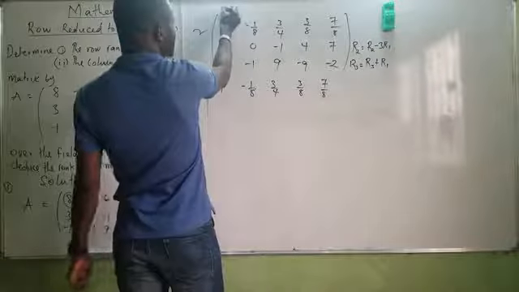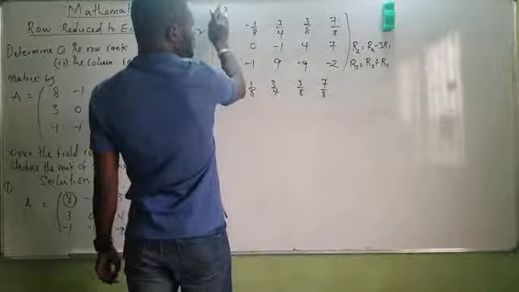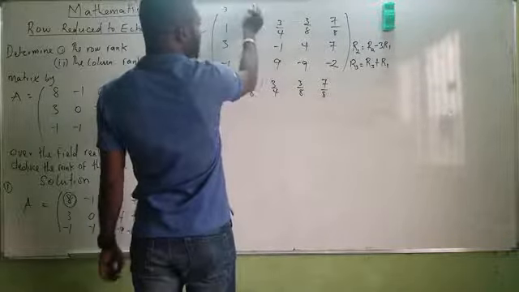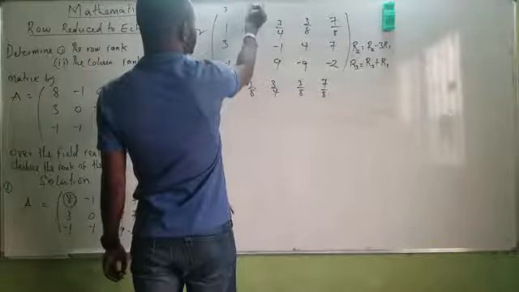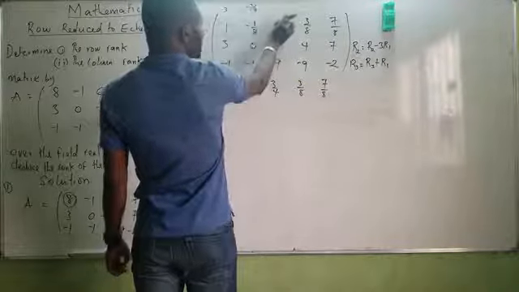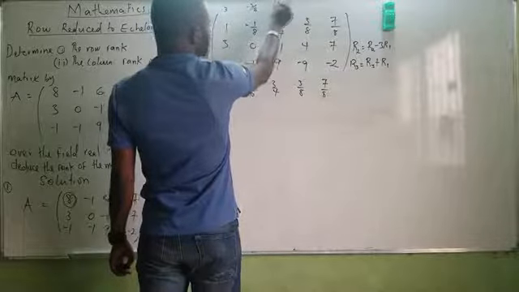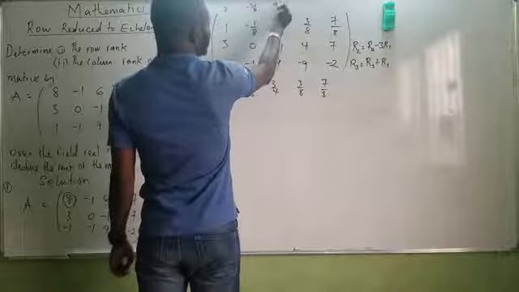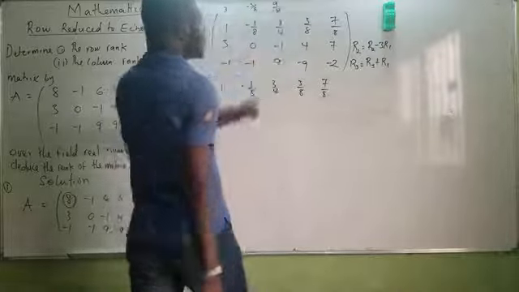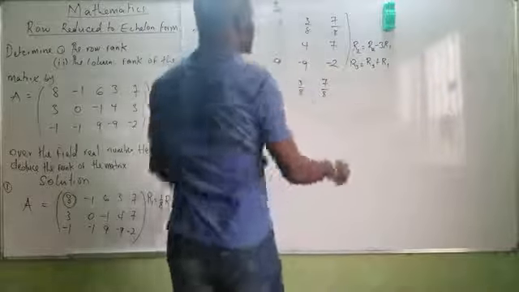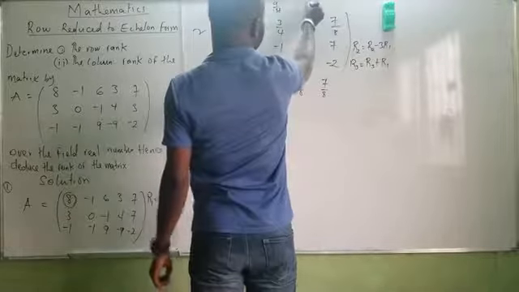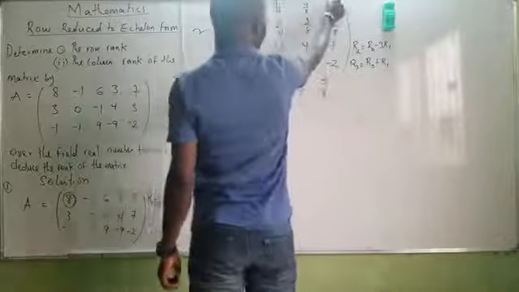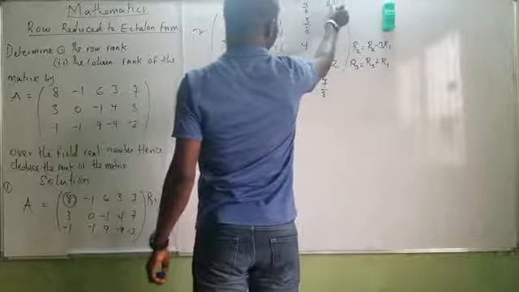Multiply everything by 3. I will have 3 times this, which gives minus 3 over 8, 3 times this, I'll have 9 over 4 rather, and also 9 over 8, and I'll have 21 over 8.